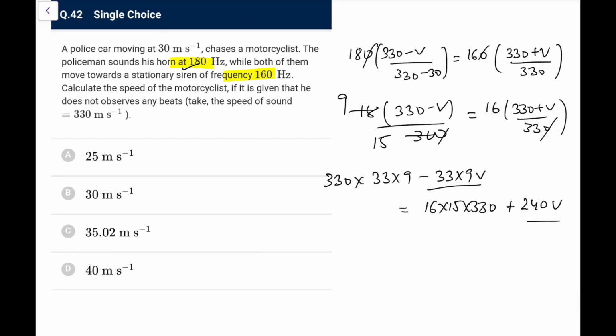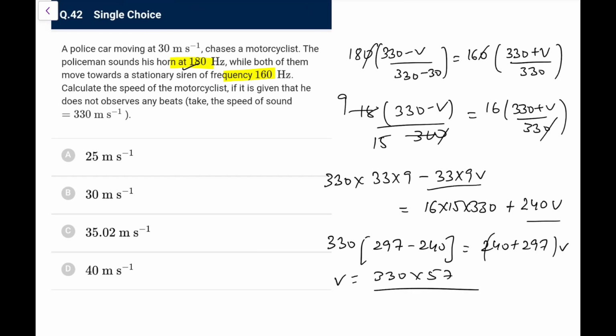If I take the v terms here and take 330 common, 33 into 9 would be 297 minus 240, that would be 240 plus 297v. So v comes out as 330 into 57 upon 537. So it would be slightly greater than 1 by 10, so slightly greater than 33. So I think 35.02 would be the most appropriate out of all the options.